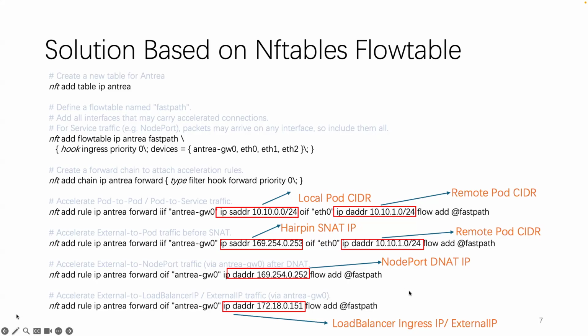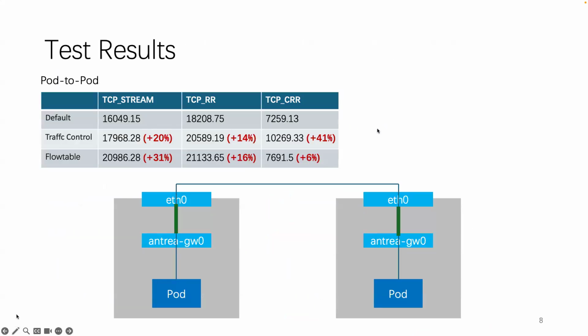Yeah, even the last two rules, I think it could be merged into one rule and just use a set as a destination. Then we can add load balance IP, external IP, and even node port to the set. Yes, you are right. Okay, next for the test result.